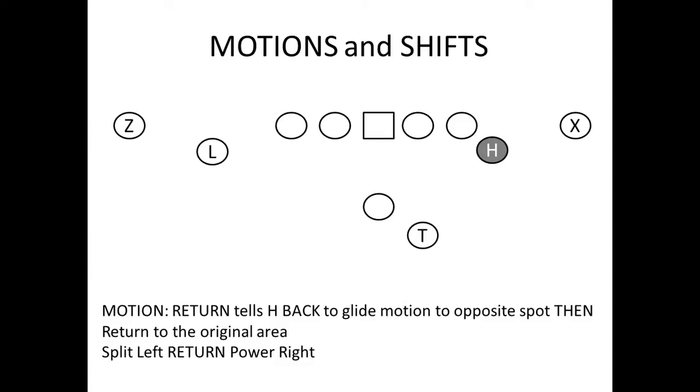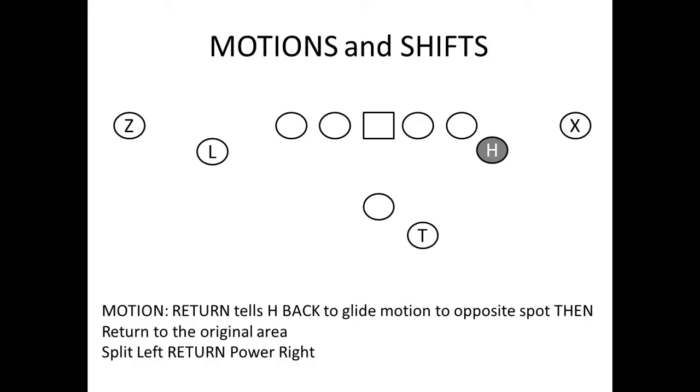Now why I say area is because I put in a little rule. If we want to run power to the right, he should end up at the 2 spot, the B gap. So I tell him, okay, I want you to line up at the 4 spot, a little extra tendency breaker.